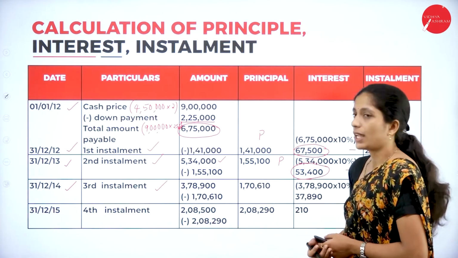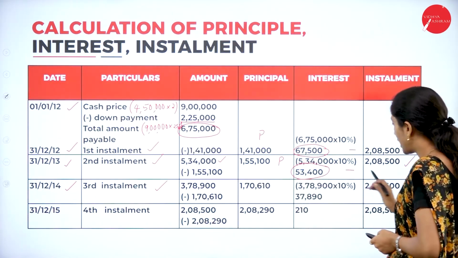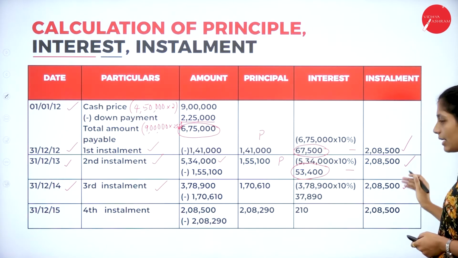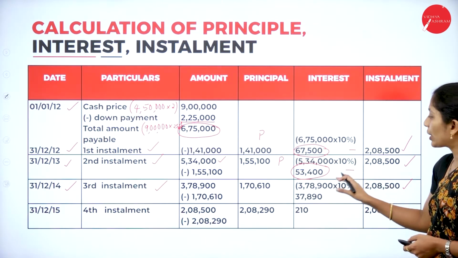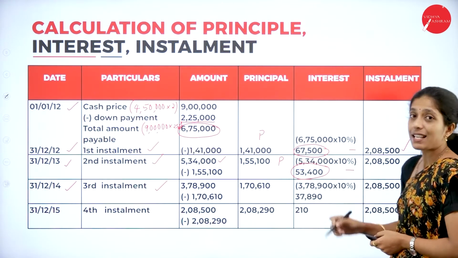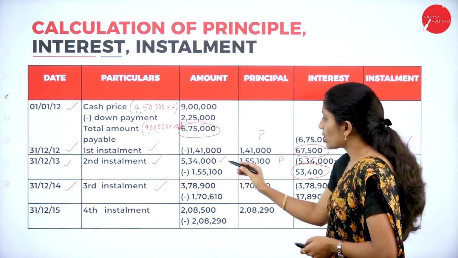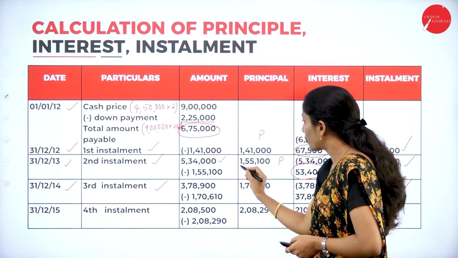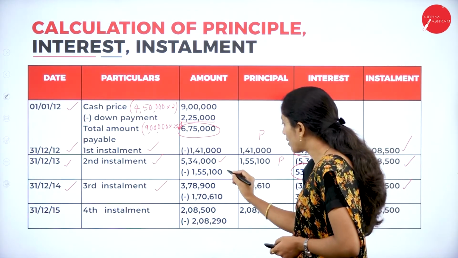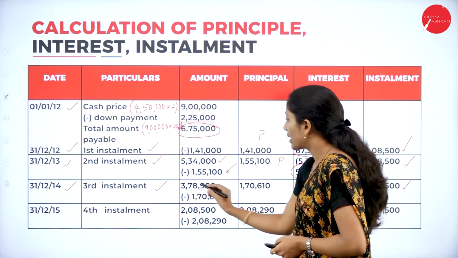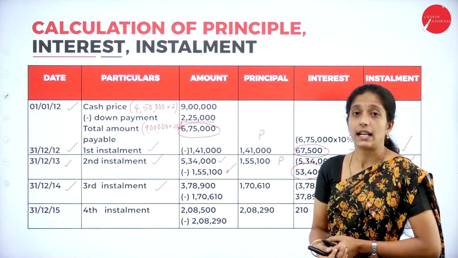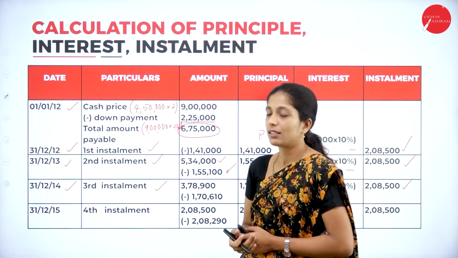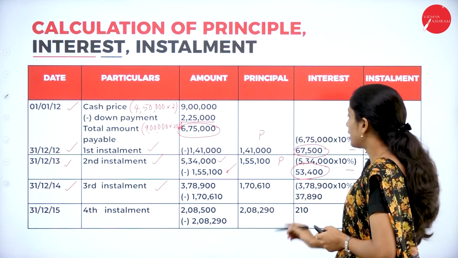Now what you have to do here? They have directly given the installment amount. Write that installment amount. Now calculate the interest. What is the amount payable in the third year? In the second year it was 5,34,000, out of which we have paid 1,55,100. So deduct this, and you'll get 3,78,900 to be paid in the third year. Now calculate interest.